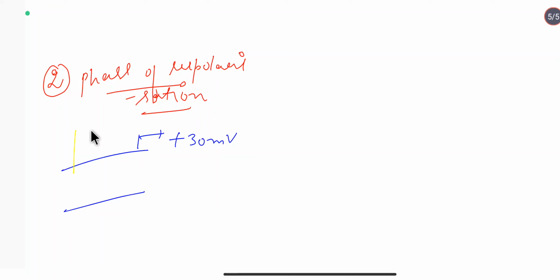So there are voltage gated potassium channels also present on the cell, like that of voltage gated sodium channels, and these open when the membrane potential reaches plus 30 millivolts. When they open, they allow efflux of potassium ion. Efflux of potassium ion means they cause removal or movement of potassium ion from inside of the cell to outside.